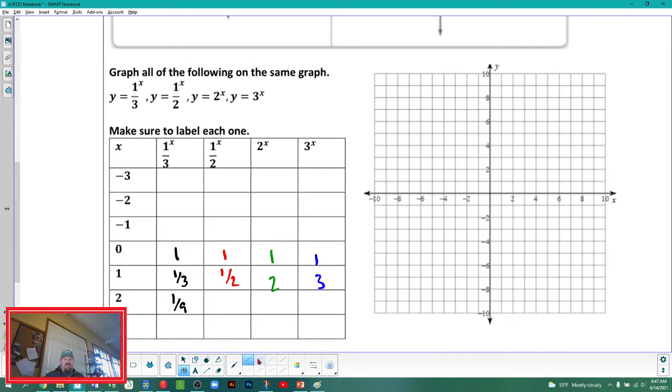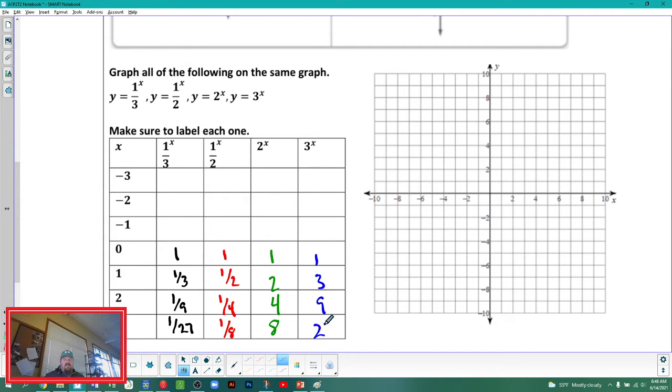I get math rolling in my brain and I forget patterns that I want to follow. 2 squared is 4, and 3 squared is 9. Okay, and then when I raise something to the third power, it gets even more extreme. 1 over 3 to the third power is 1/27. 1/2 to the third power is 1/8, and you can check all these with the calculator.